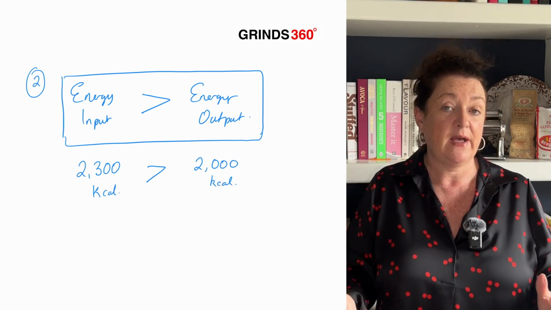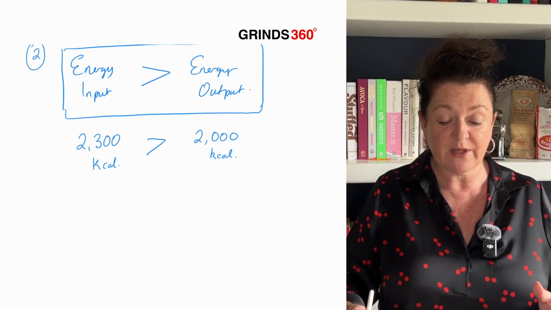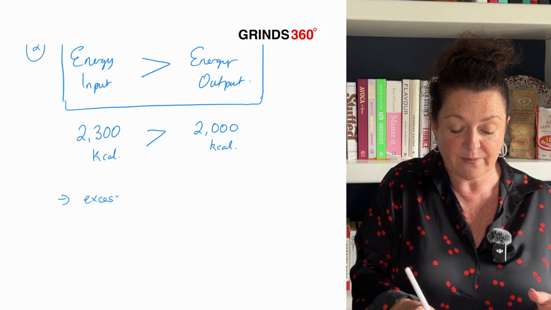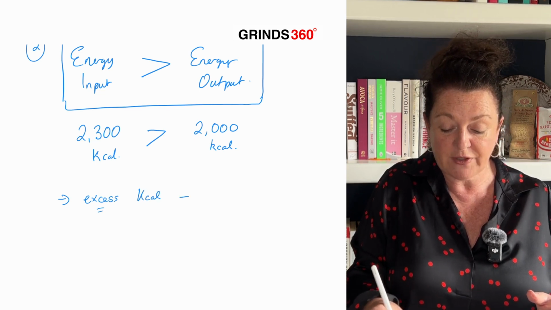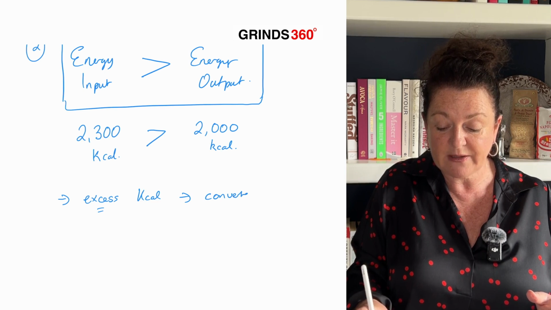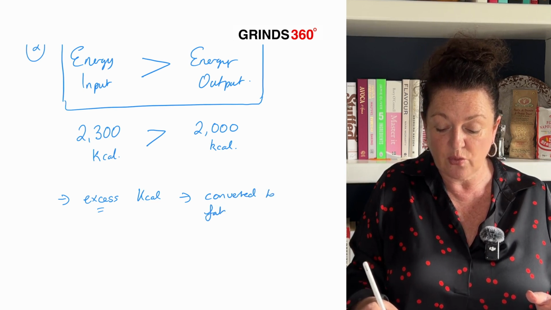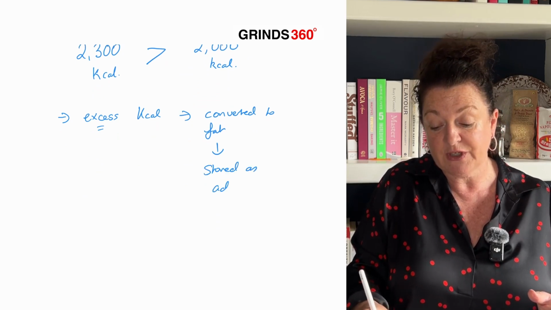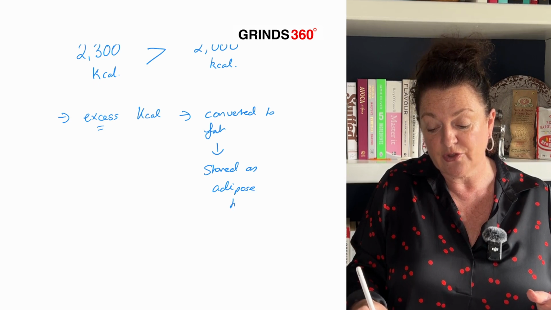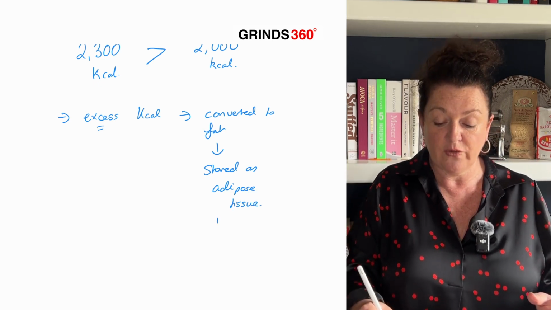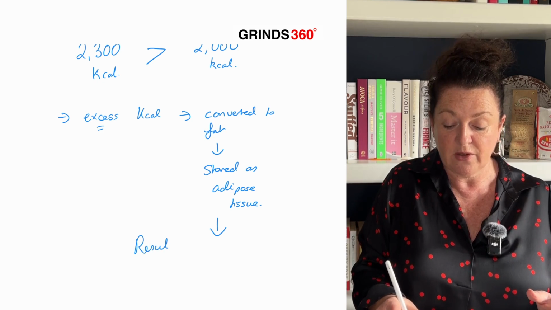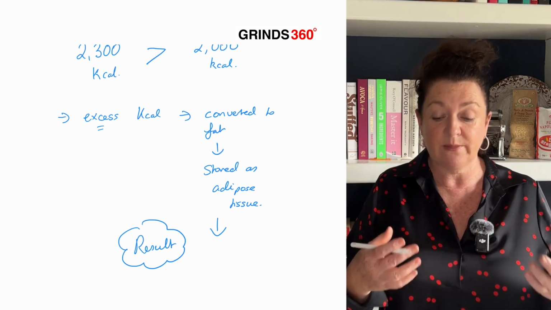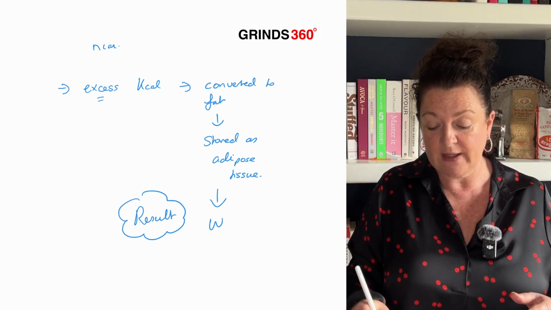Now, it doesn't appear to be very much, but if this was on a constant basis, the excess kilocalories are converted into fat, which is then stored as adipose tissue, and that adipose tissue is then stored under our skin. And over time, the result of this extra 300 kilocalories on a daily basis over a number of weeks, months, we end up with weight gain.